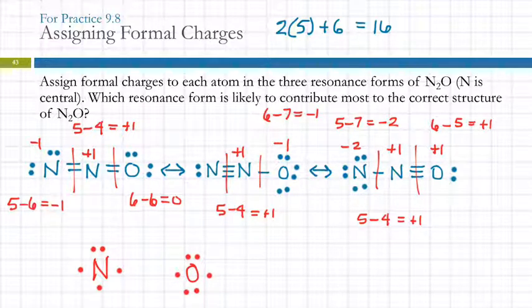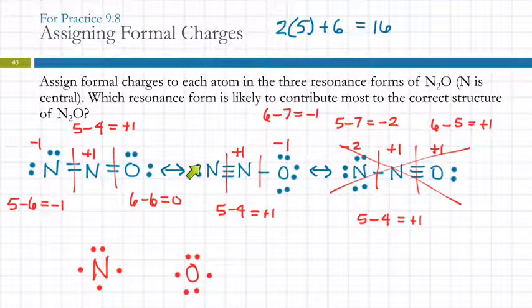So you could think of taking the absolute value of the formal charges and adding them together, 2 and 1 and 1, that would give you overall a magnitude of 4. Whereas these 1 and 1 absolute value would be 2. So this one's bigger, and so that's not going to be the major resonance.